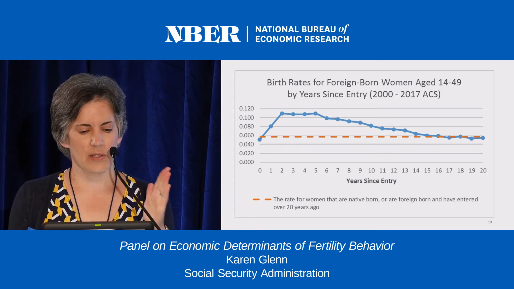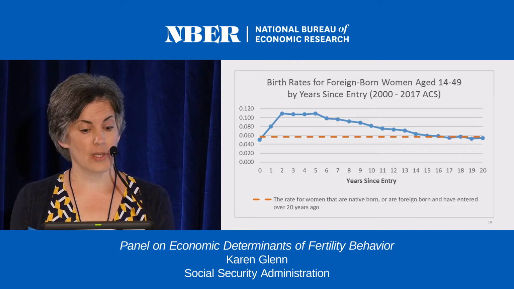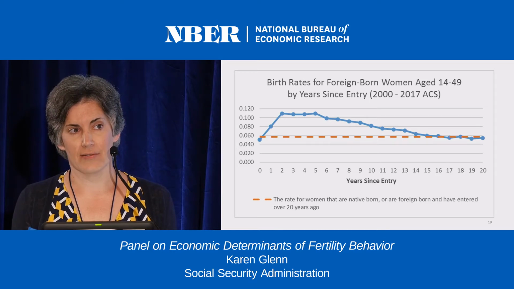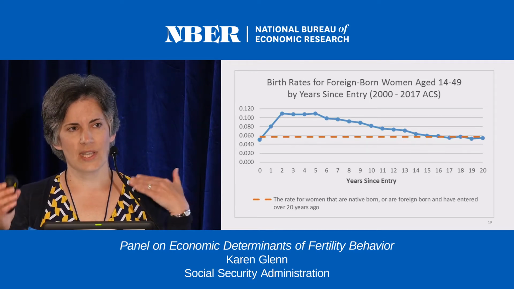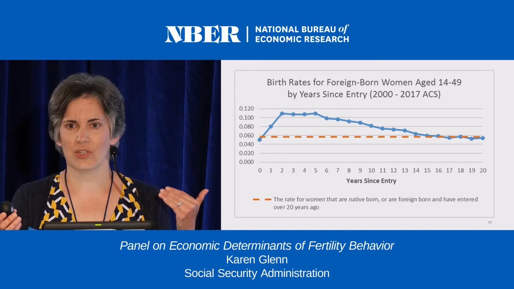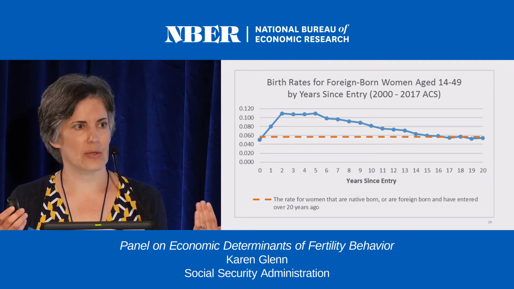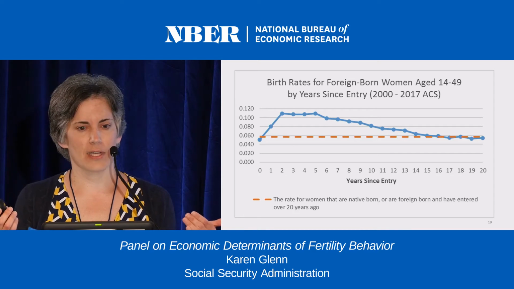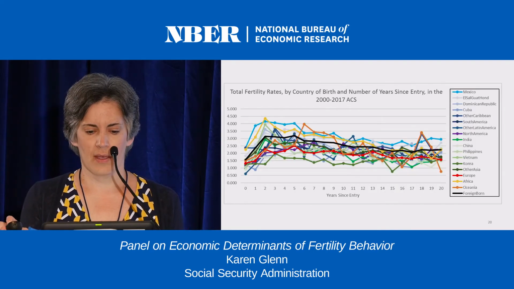So you can see on this graph that women who have immigrated 2 or 3 years ago, their birth rates are almost double the baseline for other women. So there is certainly some connection between immigration and birth rates. We've been exploring, and we'd love to hear others' thoughts on that as well.